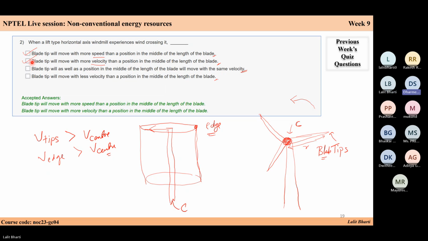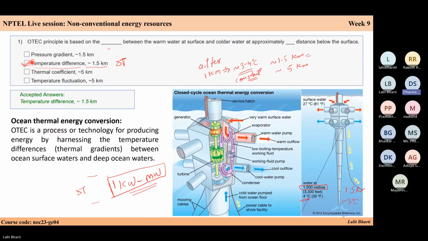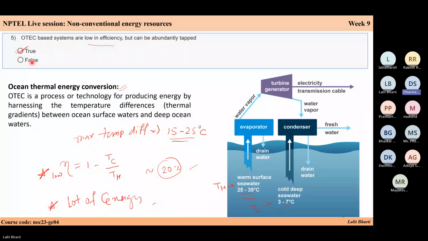What will be the approximate efficiency of an OTEC plant if the surface temperature is 373 Kelvin and the colder water temperature is 298 Kelvin? So just use this formula.